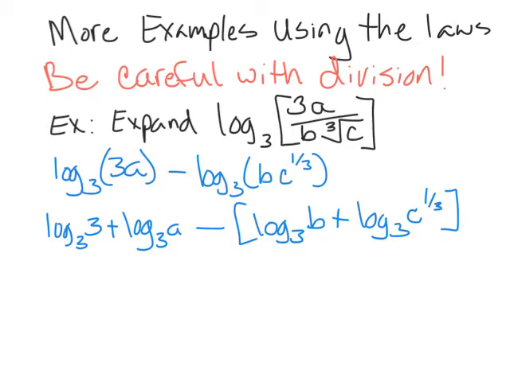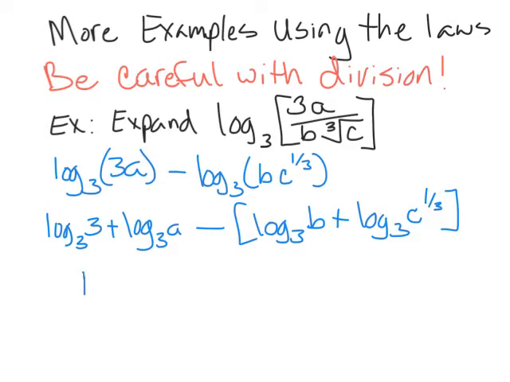If I didn't have these parentheses, then this subtraction would have to be distributed. So I'm going to do one more step, and I'm going to cover two things. I'm going to bring this exponent down in front. That's the third law. Everything else is separated out except for log to the base 3 of 3. And yes, that is my dog barking. You'll have to ignore him. Log to the base 3 of 3 is one of the properties that we have, and this simplifies to 1.